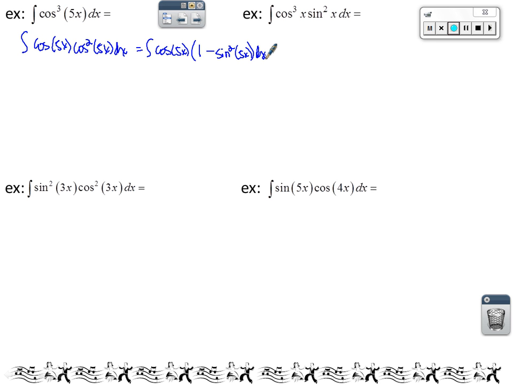At this point, one technique, and this is the technique that I tend to like, if I make u sine x, we know the derivative of sine x is cosine x. That's going to take care of this, and this is going to go away as part of the derivative, and I'm going to be left with 1 minus u squared. I would do a u substitution here. So we would make u equal to sine 5x.